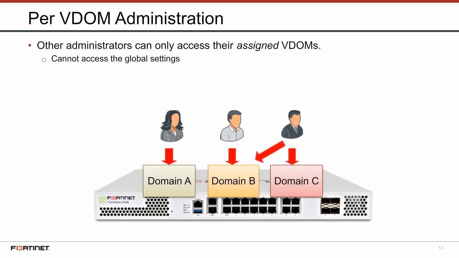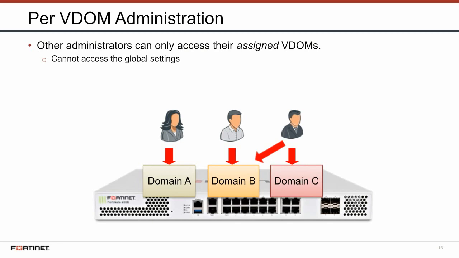In most cases, you'll start by creating one administrator account per VDOM. That administrator will be chiefly responsible for that domain, including that VDOM's configuration backups. In larger organizations, you may need to make multiple VDOM administrators. Multiple administrators can be assigned to each VDOM.